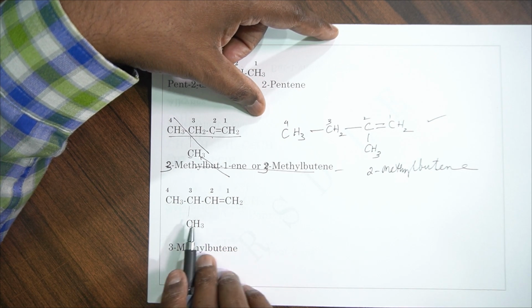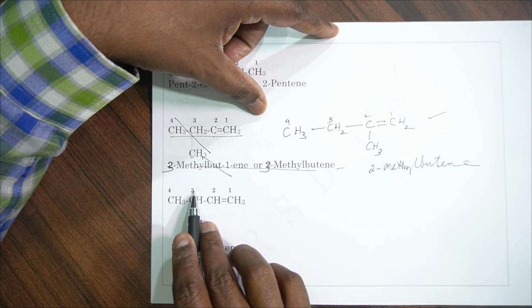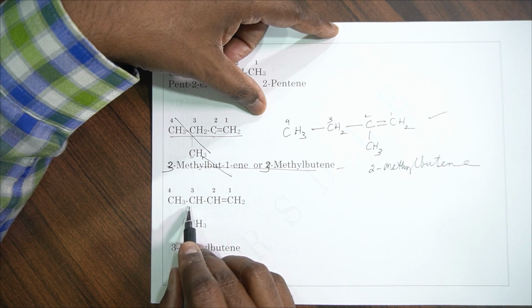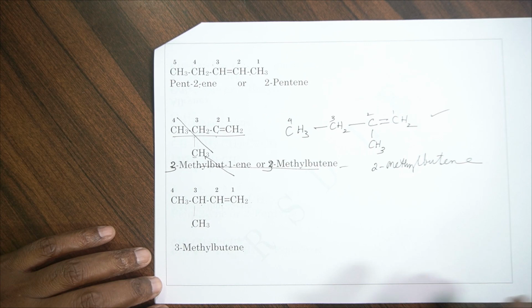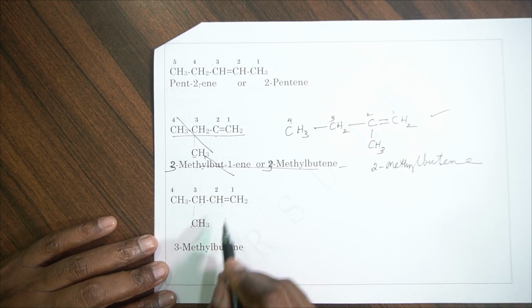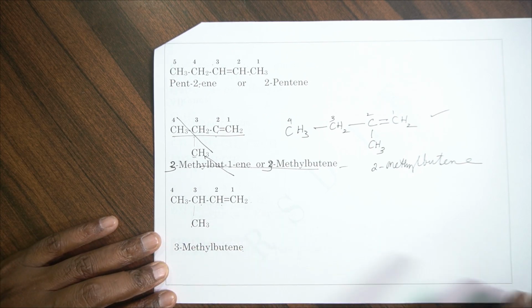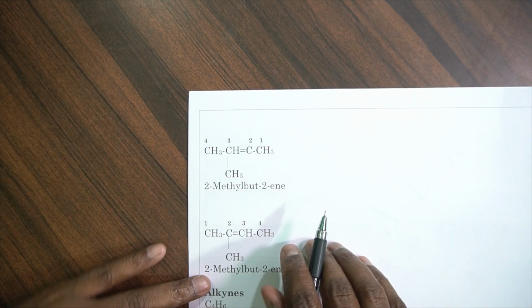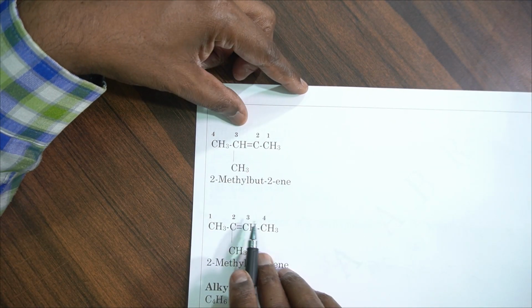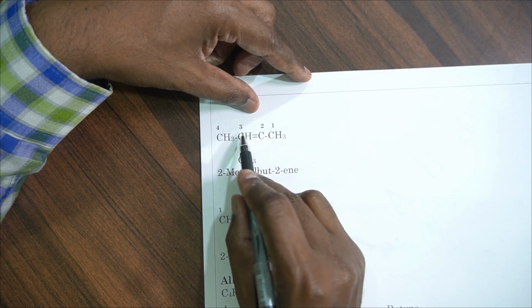Now here again this structure, you have 1, 2, 3. So this is 3-methylbutane. It is here, 1 carbon less. Okay, so 3-methylbut-1-ene, the double bond between 1 and 2. So it is 1-ene, so 1 is not written. Now let us take this structure, 1, 2, 3, 4. So the double bond is between 2 and 3.